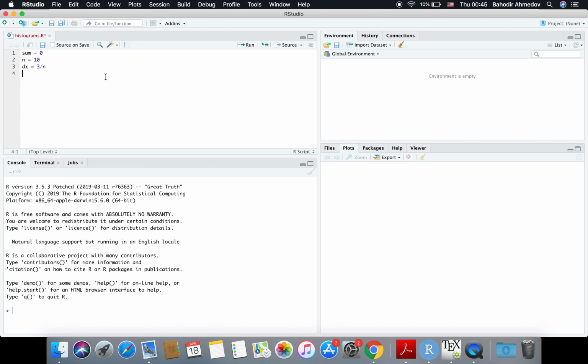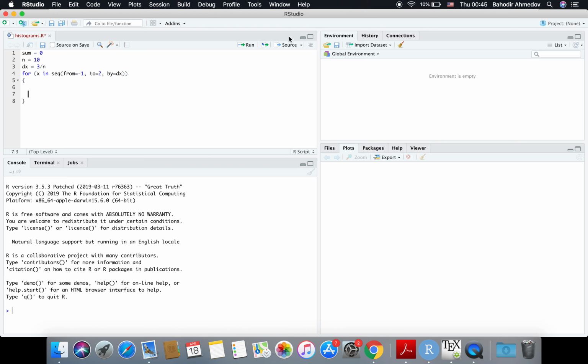And now I just need to write a for loop where x goes in a sequence from -1 until 2, and we add the numbers sequentially by delta x, right?